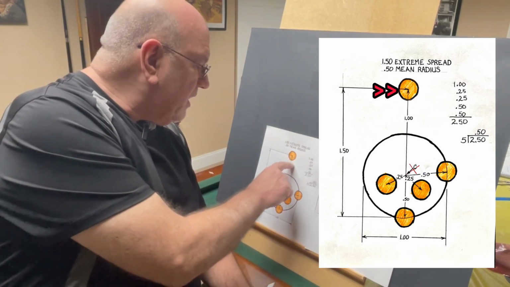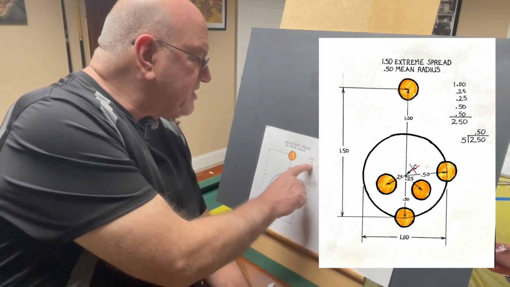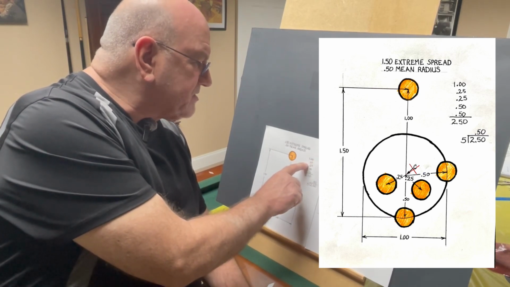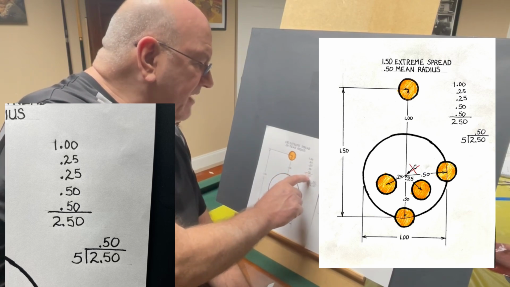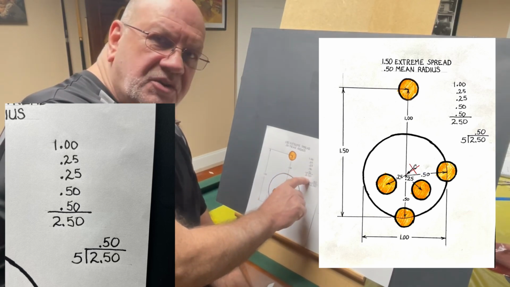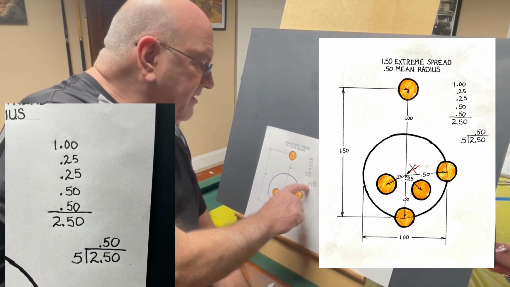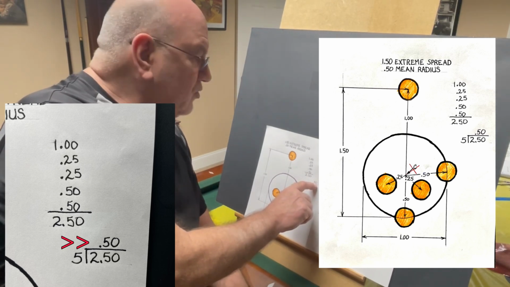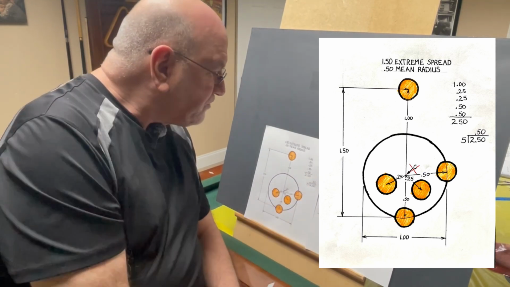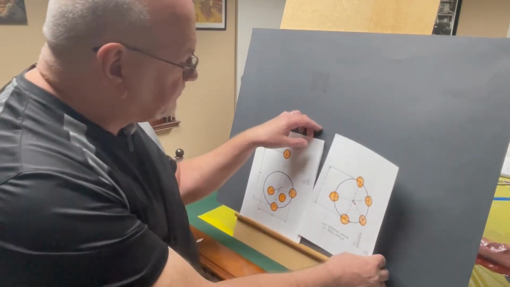And this one is 1 inch from the point of impact. So if you take those measurements and you add those together, 1 plus 0.25 plus 0.25 plus 0.50 plus 0.50, you get a total of 2.5 inches. And then if you divide 2.5 by 5, the number of shots, that gives you an average mean radius of 0.50.